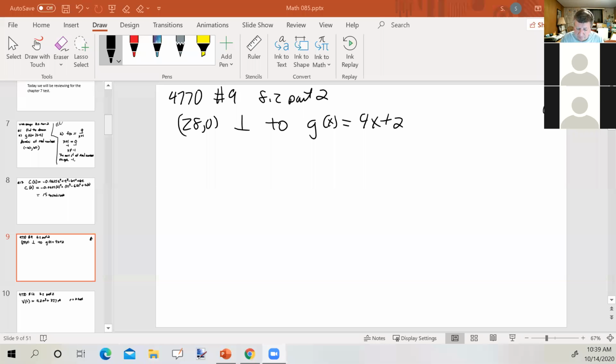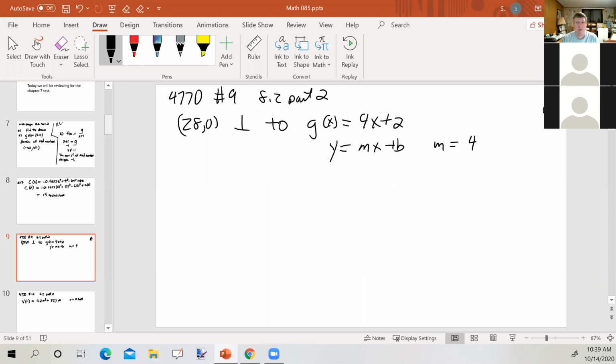So first of all, that function, g of x equals 4x plus 2, is in slope-intercept form, y equals mx plus b. So the slope is 4.